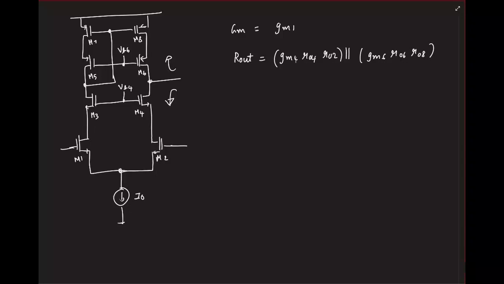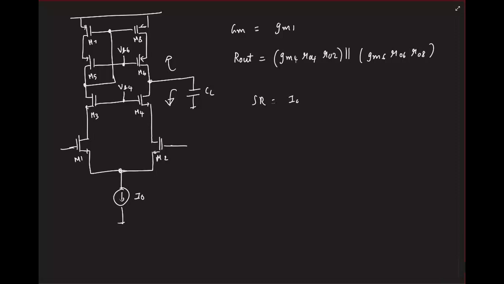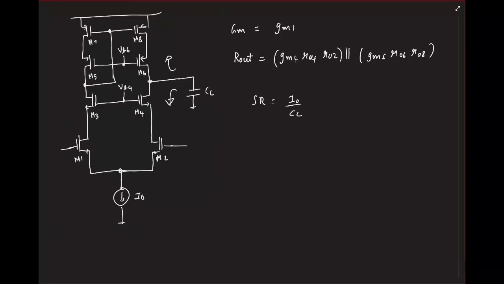And we also looked at the slew rate for this. And what was the slew rate? If I had a capacitance CL at the output, slew rate was I naught by CL. Okay. So now let's look at the common mode ranges at the input and output. That's what we started in the last class.